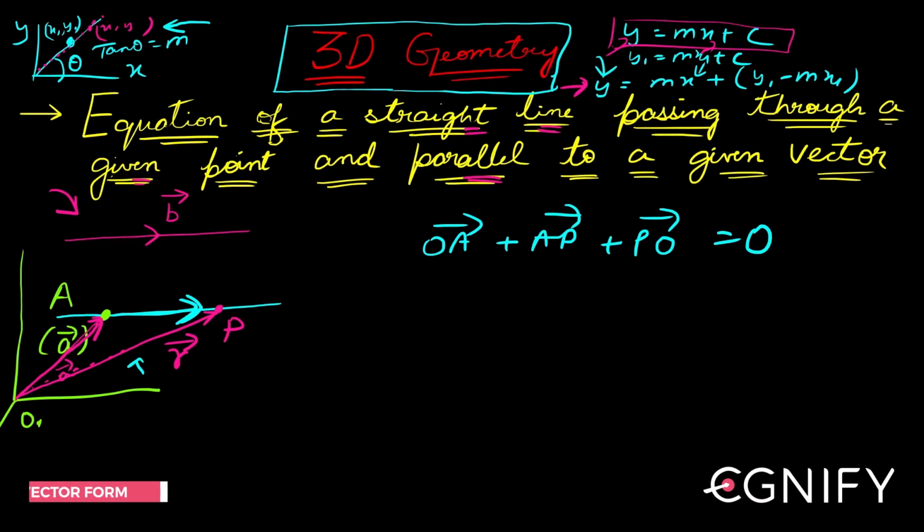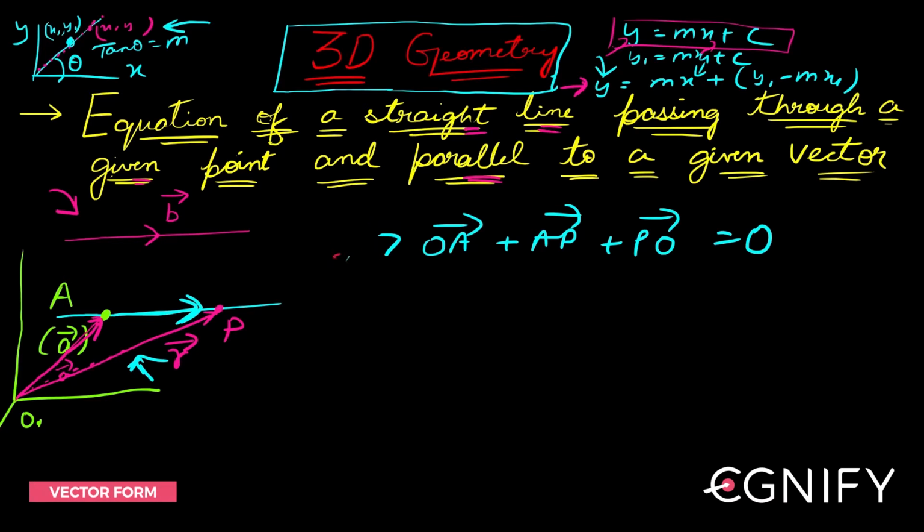OA bar plus AP bar plus PO bar should be 0. No, not OA bar plus OP bar; this plus reverse like this, it should be 0. If this is OP bar, then this will be PO bar, right? That's why OA bar plus AP bar plus PO bar equals 0. This is coming from the triangle law, nothing special.